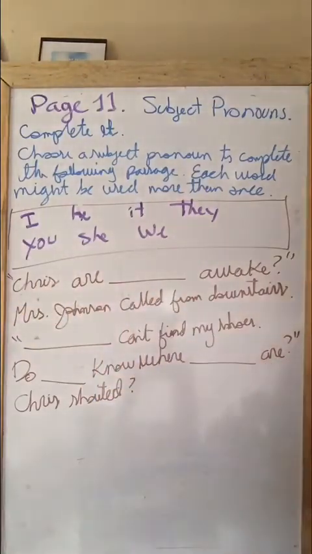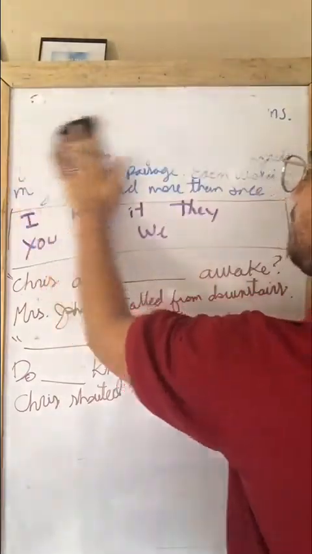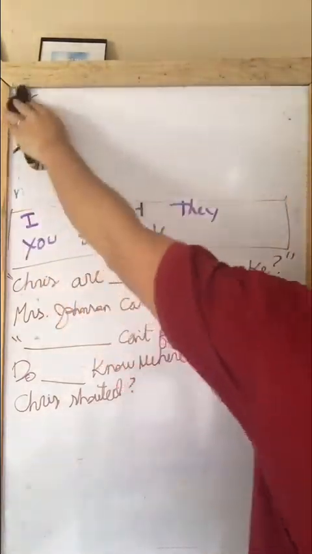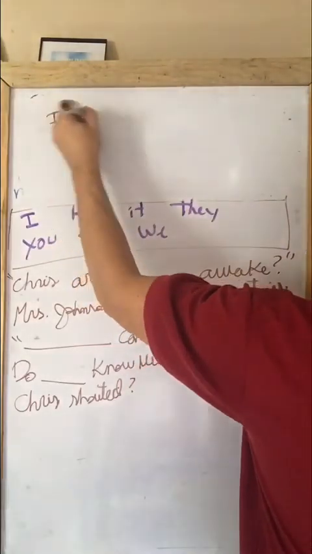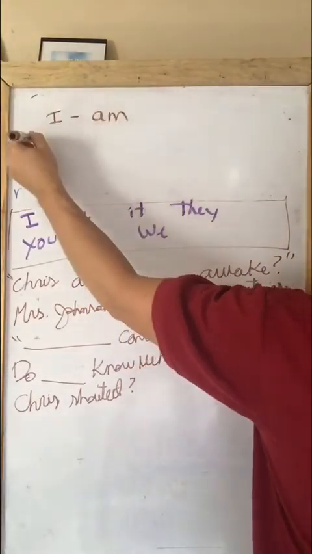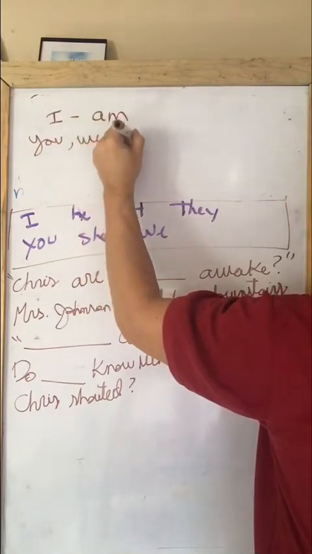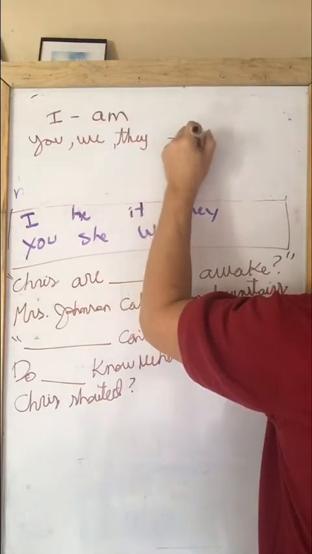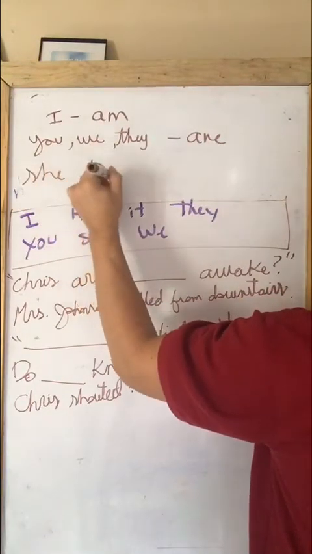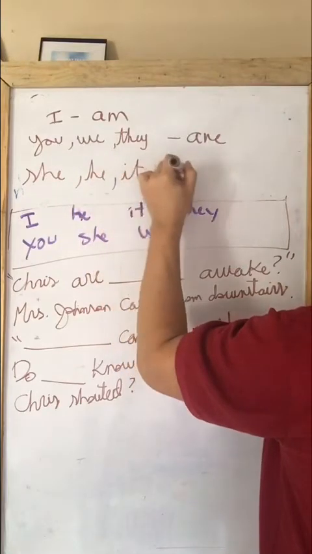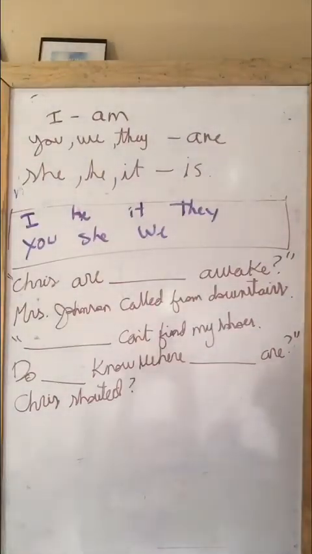Now, something you should remember with the verb to be, if you didn't copy that, you should rewind. It's the following: for I it is am; for you, we, and they it is are; and for she, he, and it it is is. So try to follow.